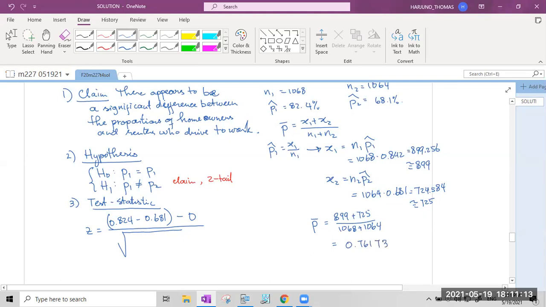So Q bar is 1 minus that, 0.23827. Then 0.76173 times 0.23827 over 1068 plus, copy paste.